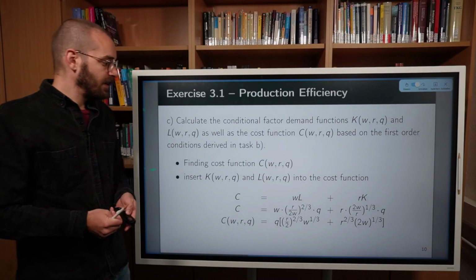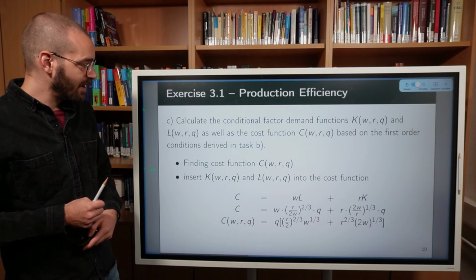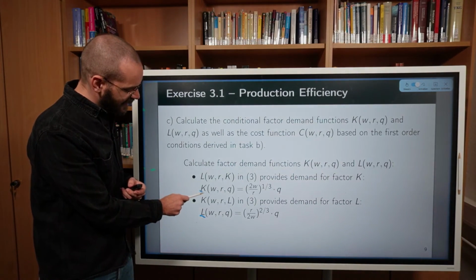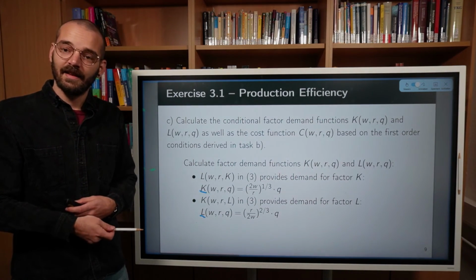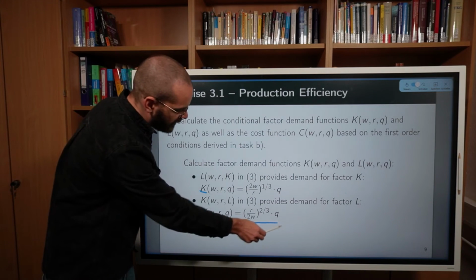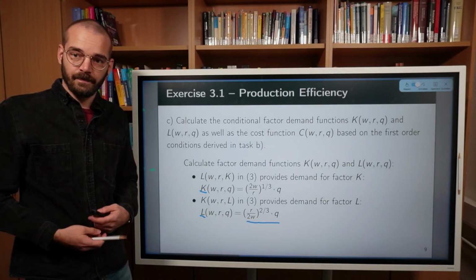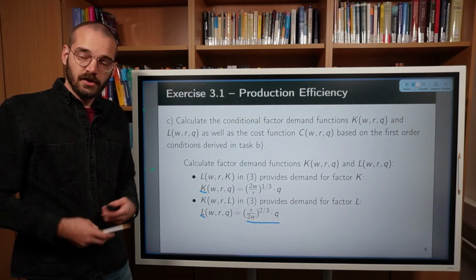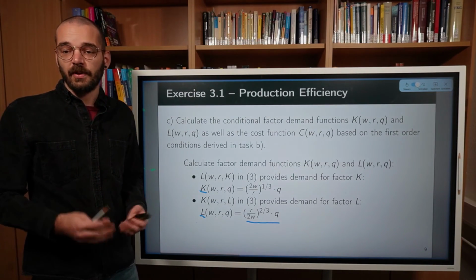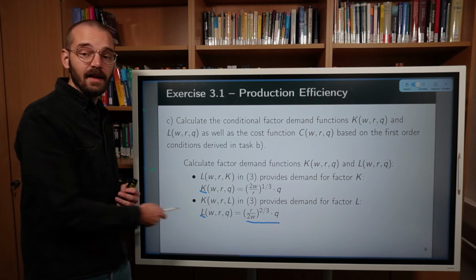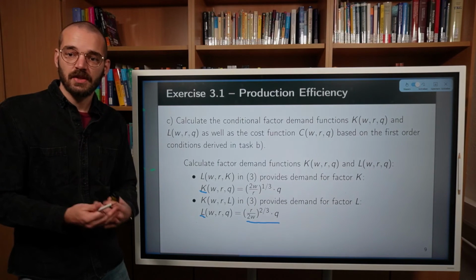Luckily, in the previous step we derived expressions for these input factors, K and L, that only include the prices of these input factors as well as the quantity. So if we want to find an expression for the cost function that does not depend on K and L anymore, we can simply substitute them away.